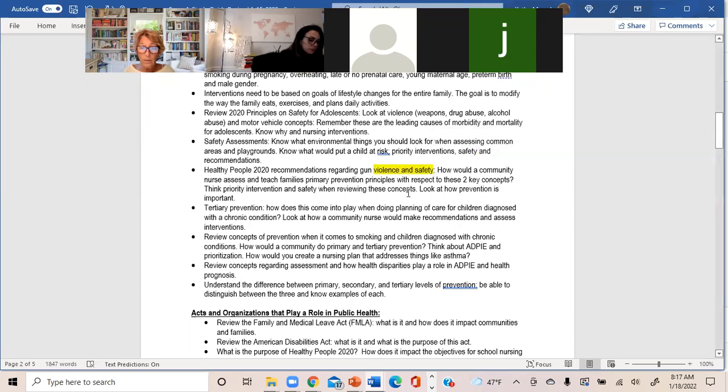You need to go back into your chapter or PowerPoint and read about this. For example, let's say you're doing a home health visit and you're assessing violence and safety, and you ask the family, do you own firearms?